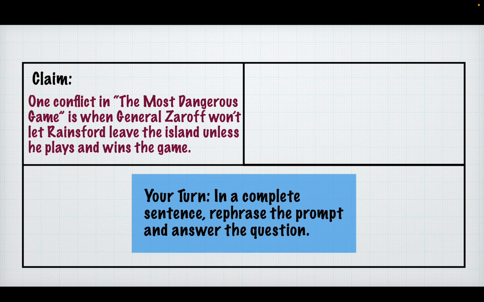And now it is your turn. So in a complete sentence, like the one I have made as an example, you need to rephrase the prompt that you choose and answer the question.